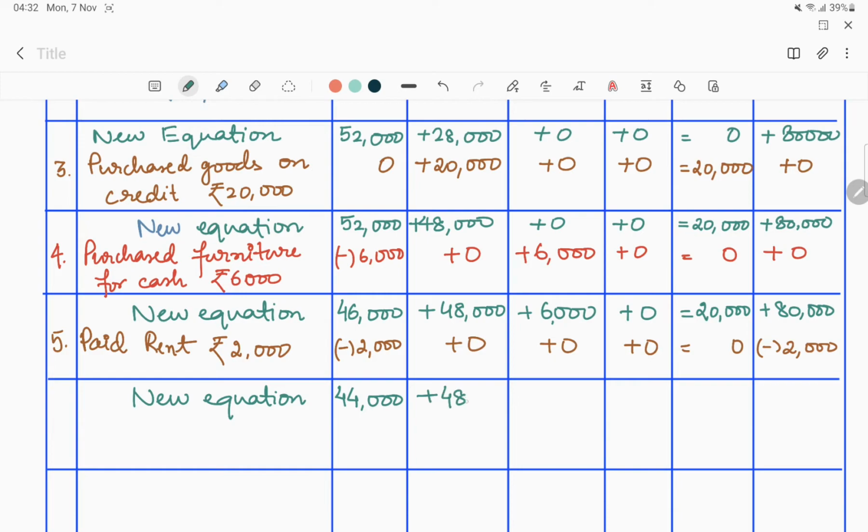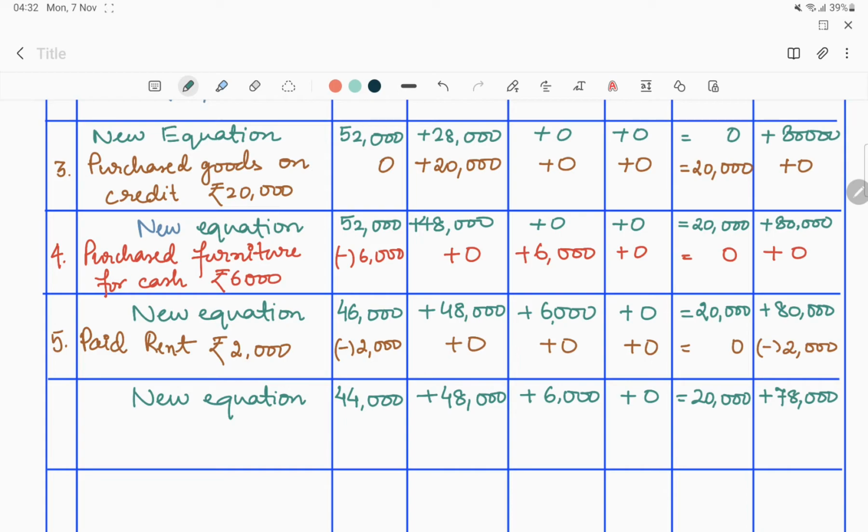Stock is 48,000. Furniture 6,000. Debtor 0. Liability 20,000. And capital is 80,000 minus 2,000, which is 78,000.